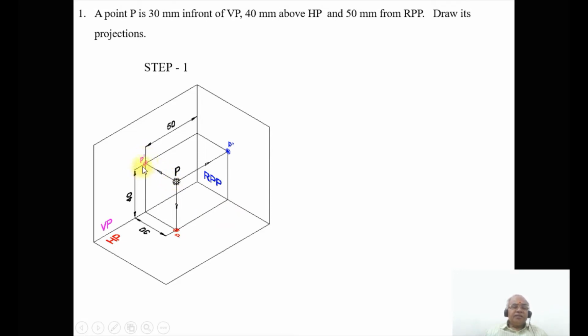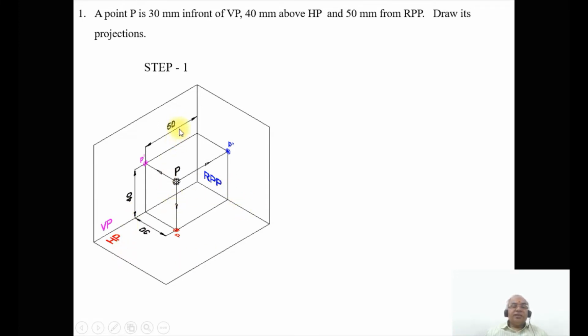You can see that P dash. The P dash identifies that the image is on the front view. Whatever image falls on the vertical plane is always the front view, because the front view is the direction which is perpendicular to that plane. Similarly, the top view is the direction which is perpendicular to the horizontal plane.